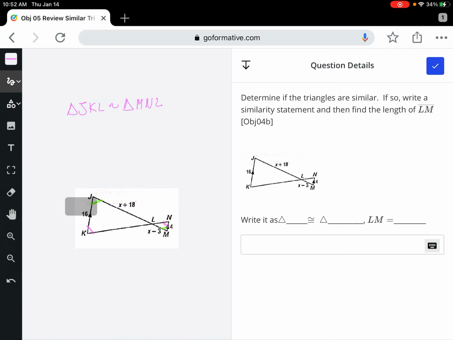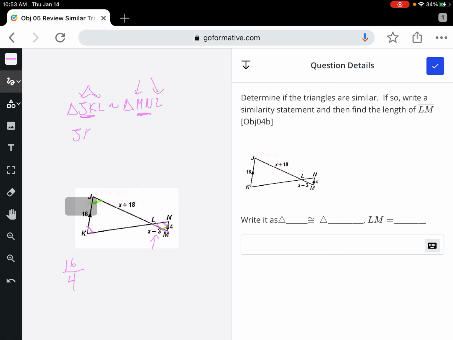And just be careful with the letters. And the last thing it asks you is to find the length of LM. Well, if these two are similar, I know JK over MN is equal to JL over ML.